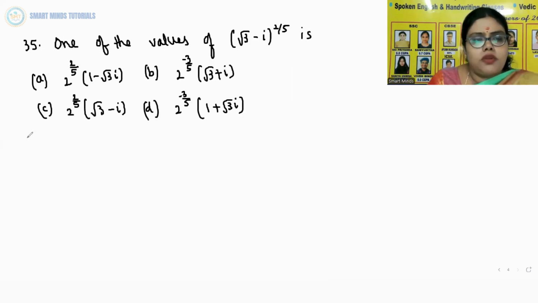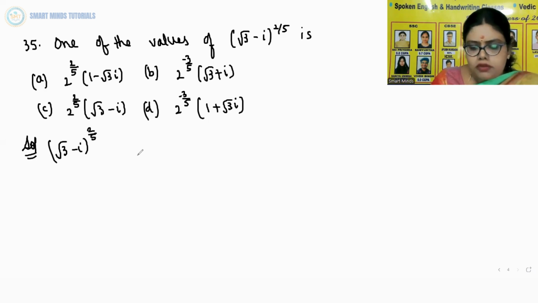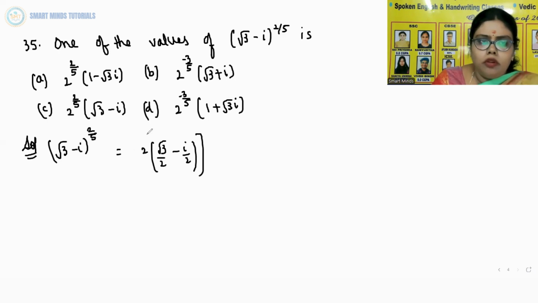Now take the next question. One of the values of (√3 − i)^(2/5) is, four options are given to us. So first let us take (√3 − i)^(2/5). So that is multiplying and dividing by 2. So you will get 2 into (√3/2 − i/2) whole power 2/5.